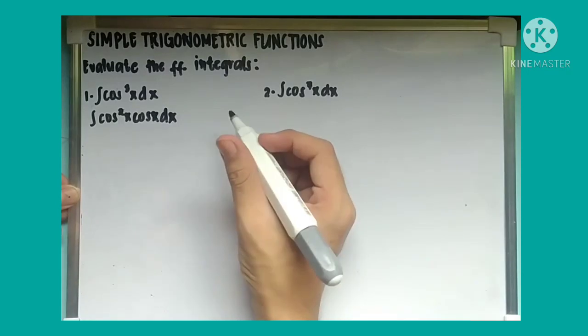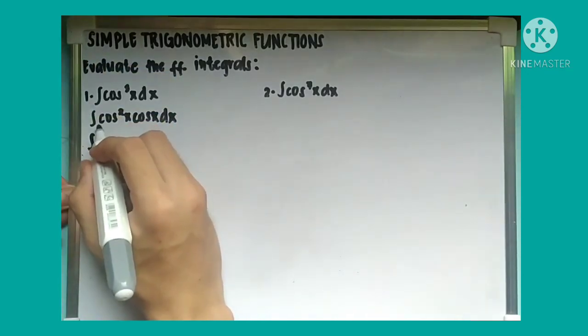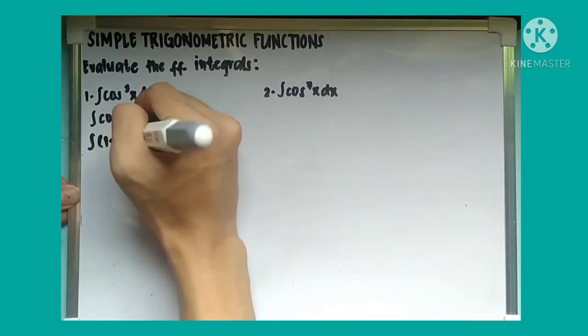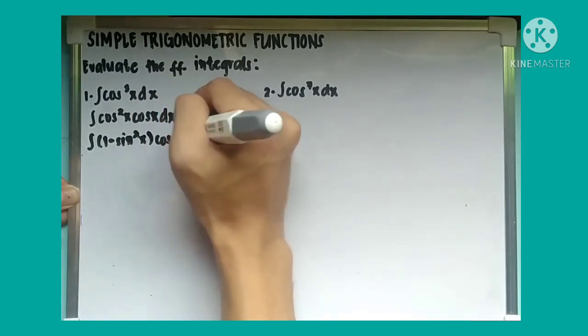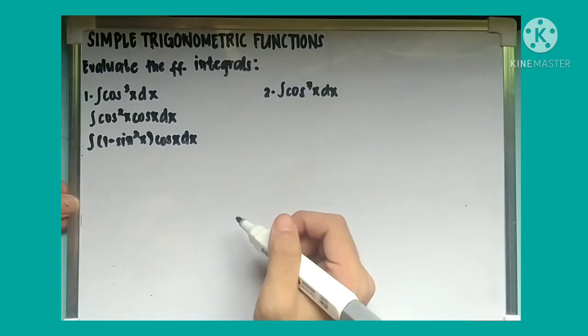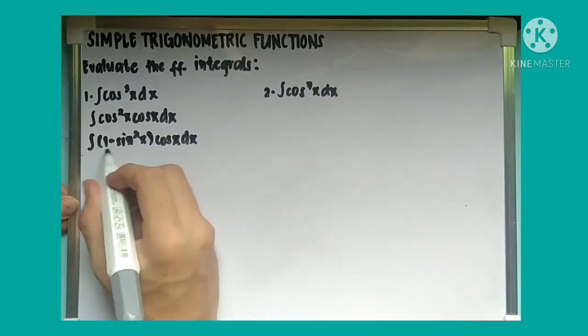And then simplify natin. So since may equivalent function tong cos squared x, which is the quantity of 1 minus sine squared x times cos x dx. And then next natin gagawin is isa-substitute lang natin tong cos x dx dito sa loob ng quantity.